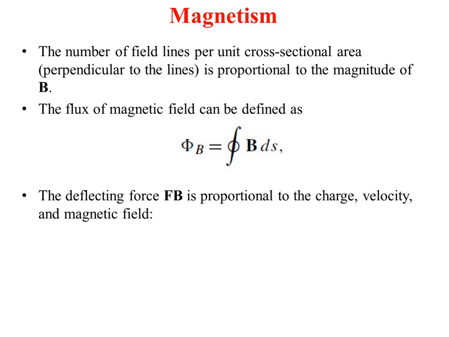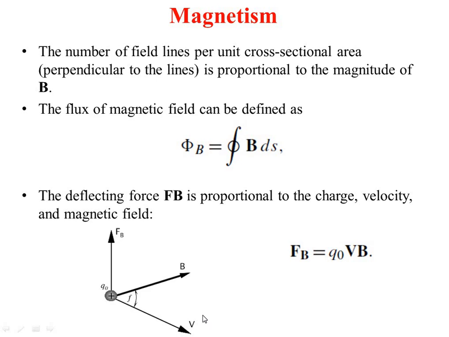So this force FB is proportional to the charge, velocity and magnetic field, and we can define it. Here you put a charge in the magnetic field B and here you apply the velocity V, then you get a magnetic force that is exhibited because of B and V, and you can express it as an equation.